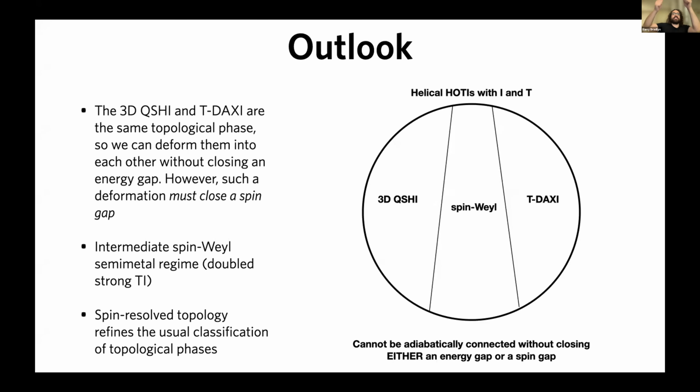And when I do that, I get some Weyl points in the spin spectrum that move around and annihilate and go from one phase to the other. So this motivates refining our notion of band topology to talk about phases that are distinct, cannot be deformed into each other without closing either an energy gap or a gap in this spin spectrum.